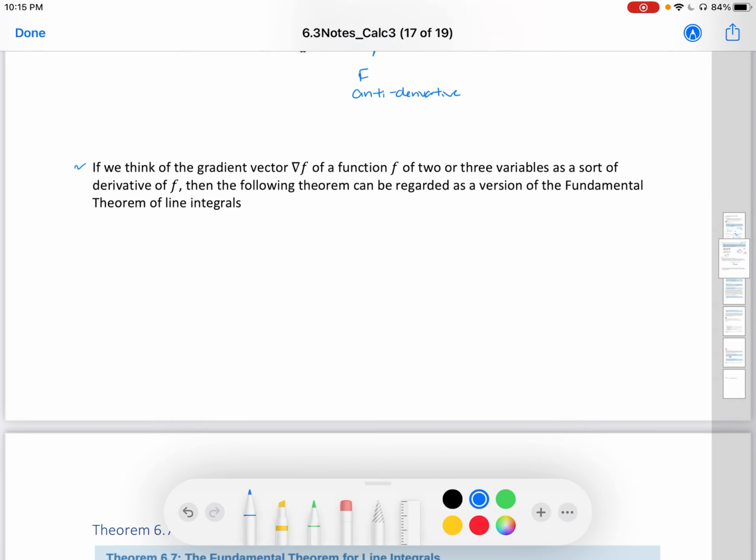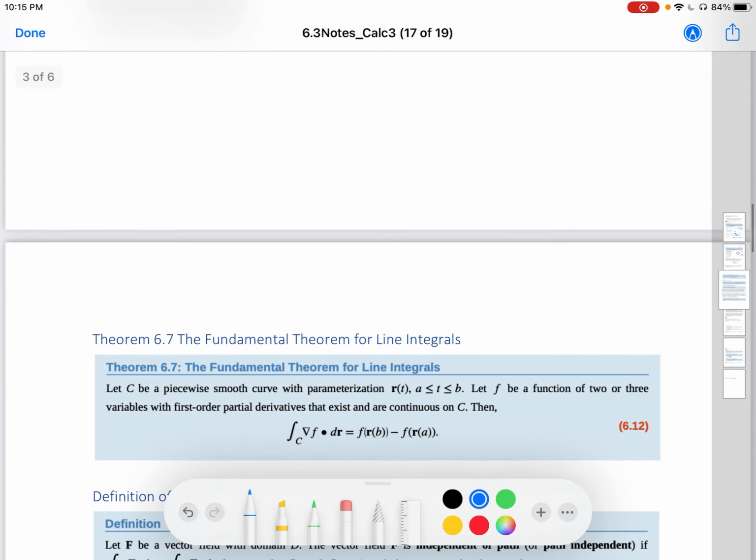If we think of the gradient vector of a function f of 2 or 3 variables as a sort of derivative of f, then the following theorem can be regarded as a version of the fundamental theorem for line integrals.